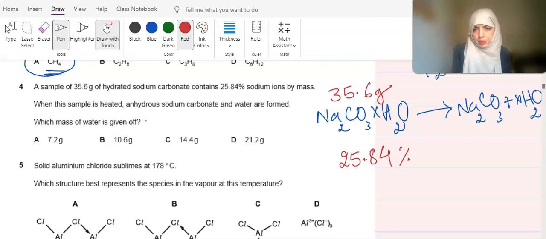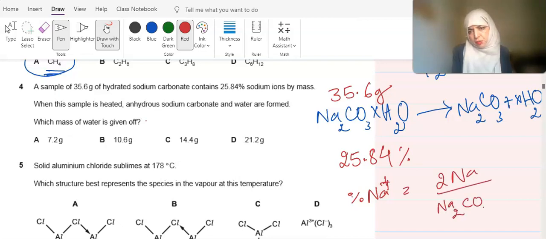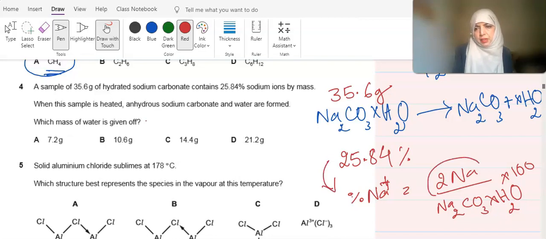So you will start your question: you know the percentage of sodium ion. So how can you find the percentage of sodium ion? 2 sodium ion divided by the total molar mass of Na2CO3·XH2O, into 100. This is given to you, which is 25.84. 2 sodium ion, you know the molar mass of this, and you can find the Na2CO3·XH2O molar mass.